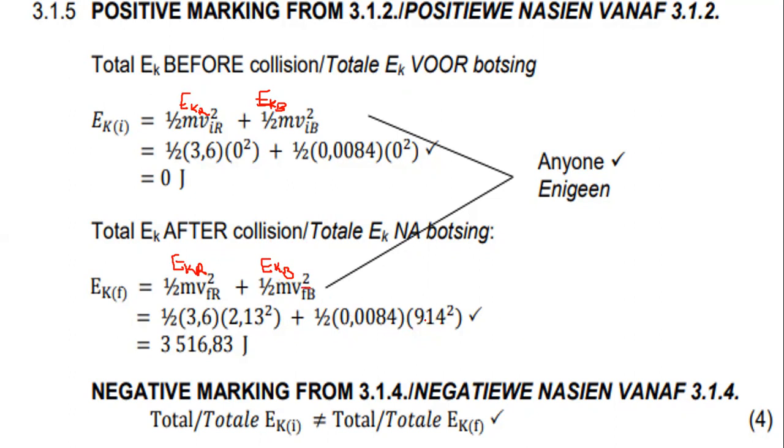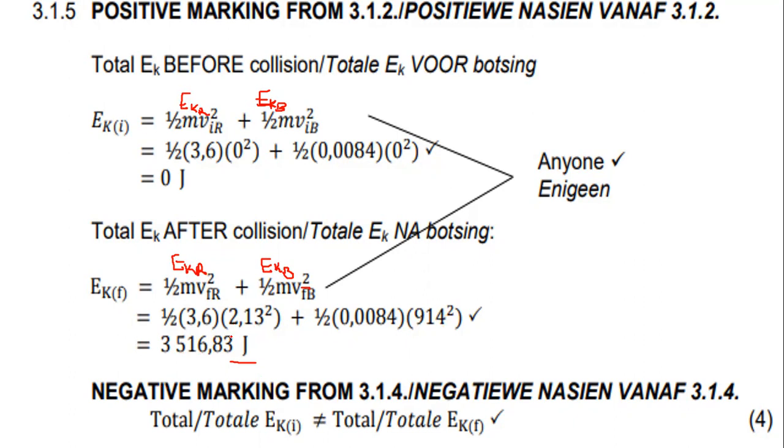And the only value that we are squaring there is the value of the velocity, which is actually equal to the speed. And hence we don't really substitute direction there because our velocity at this point is equivalent to the speed. And our answer there gives us 3,516.83 joules. Remember, joules, my dear learners, must be a capital letter J, and that is the unit that we use for kinetic energy.